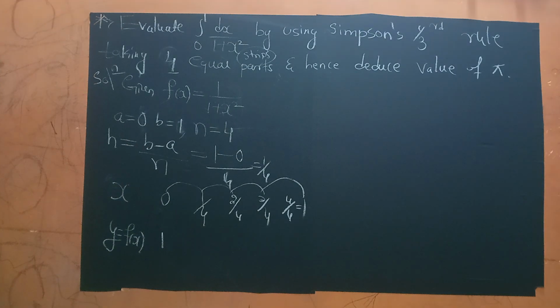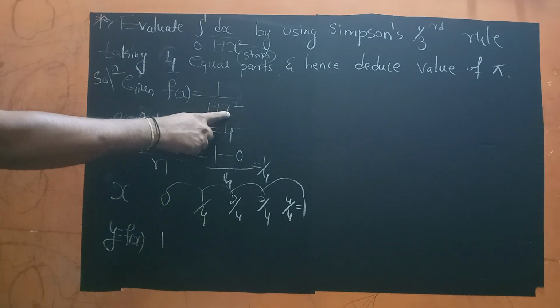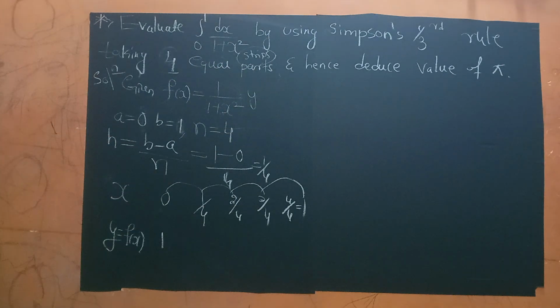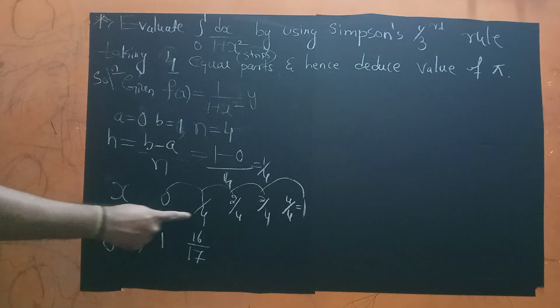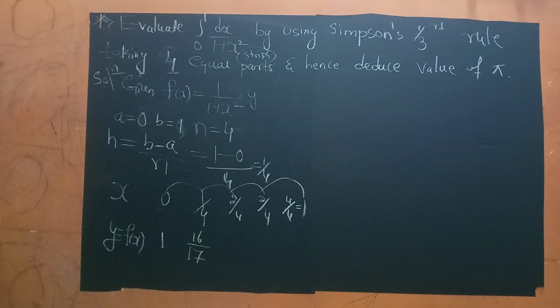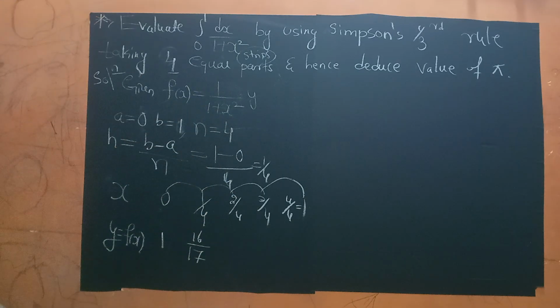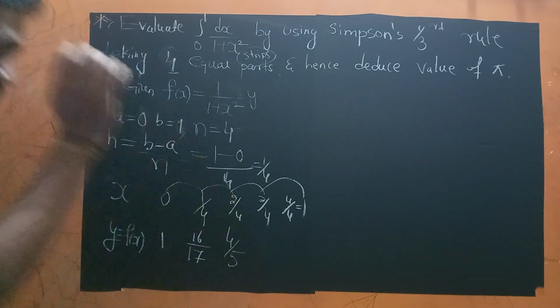In the same way, for the second value of x, which is 1 by 4, if I replace and simplify, the corresponding f of x, which is y also, becomes 16 by 17. If I replace x equal to 2 by 4, which is 1 by 2, and simplify, the answer is 4 by 5.